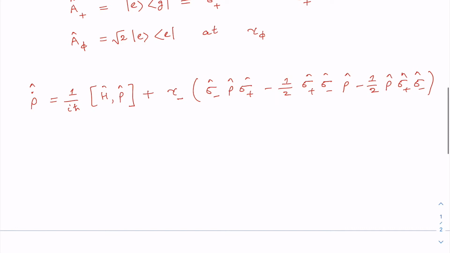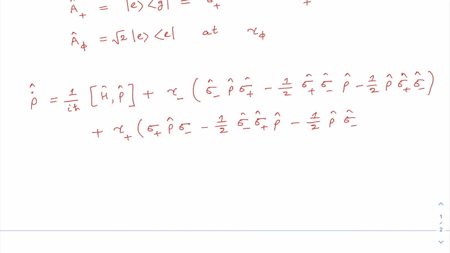And for the absorption process, gamma plus, that would be sigma plus rho sigma minus minus half sigma minus sigma plus rho minus half rho sigma minus sigma plus.